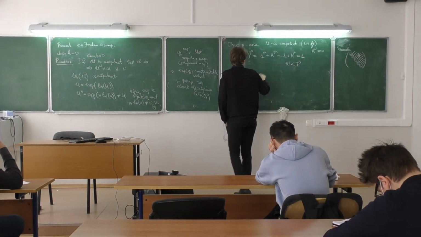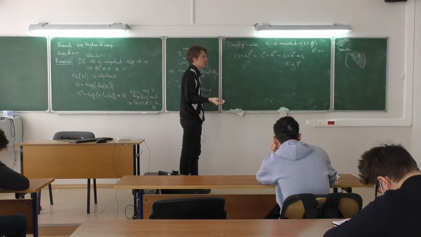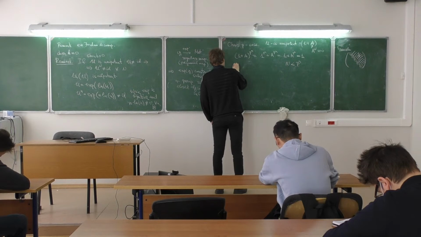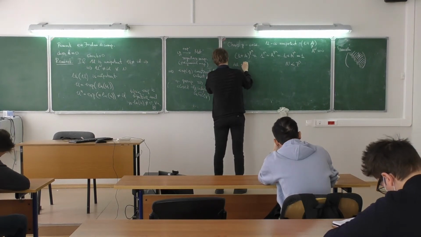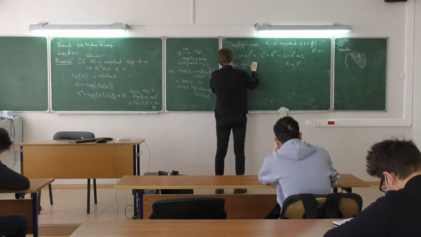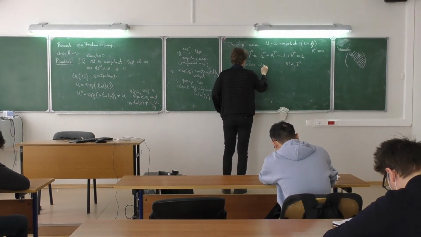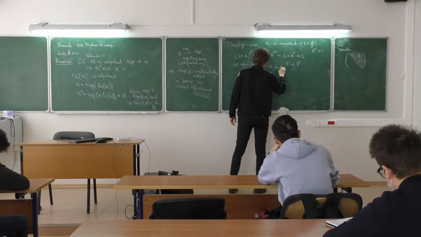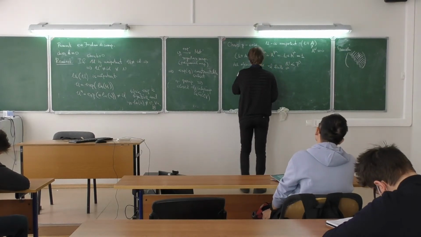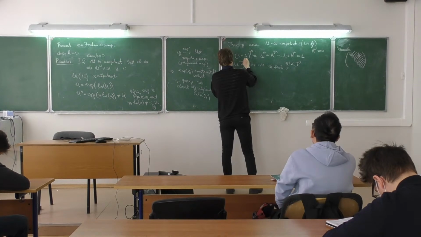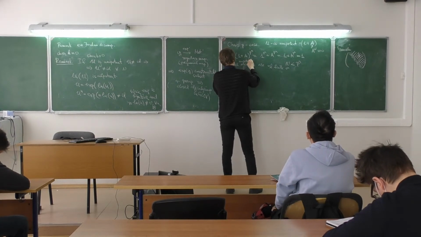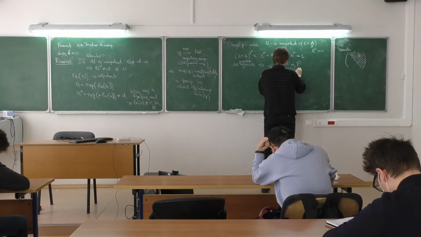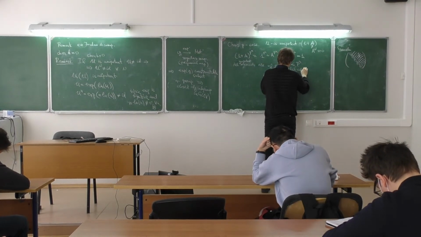So you see that all elements are of finite order, and this order is precisely a power of P. So all unipotent elements are of finite order, which is a power of P.